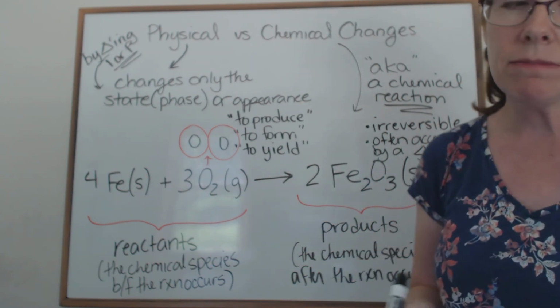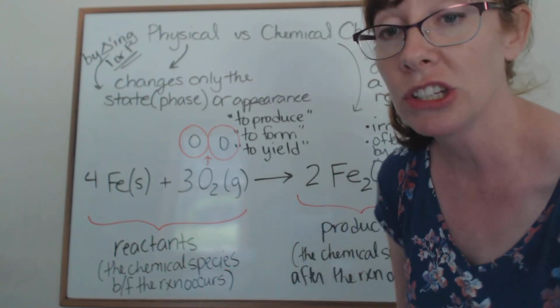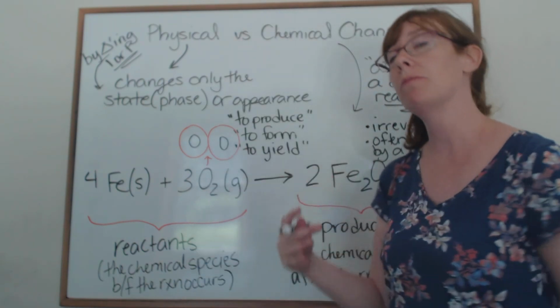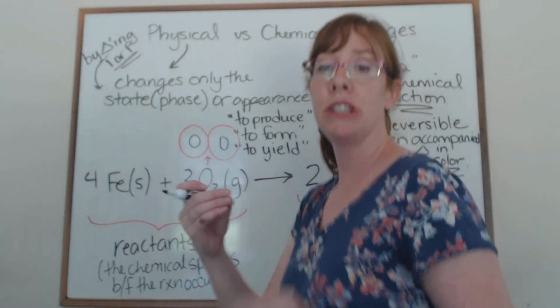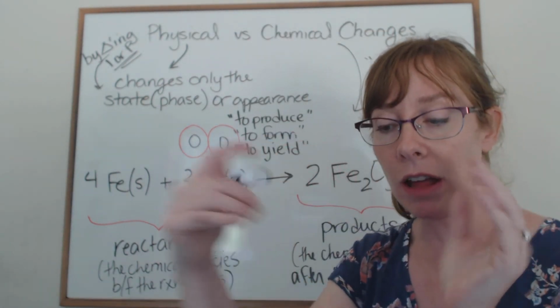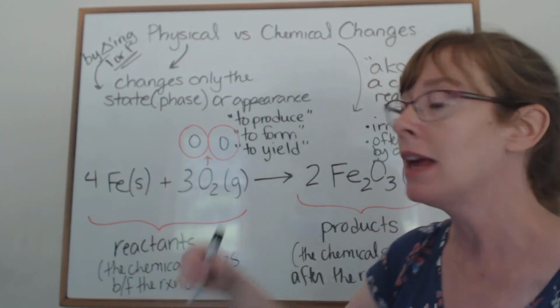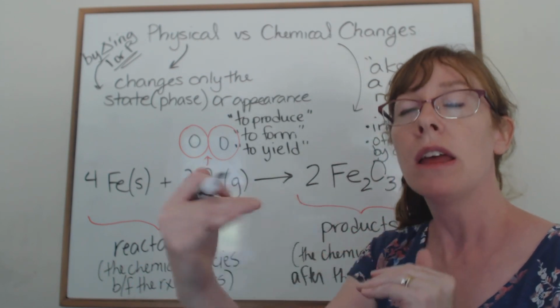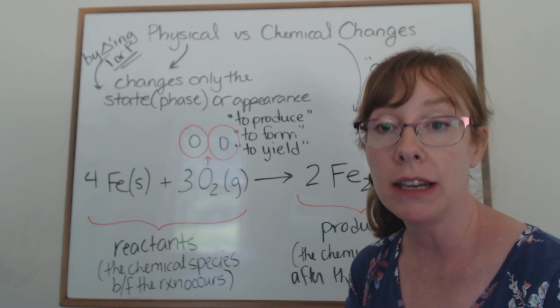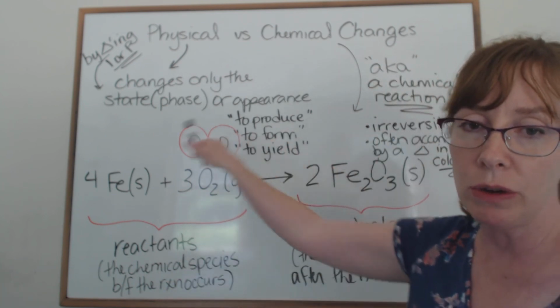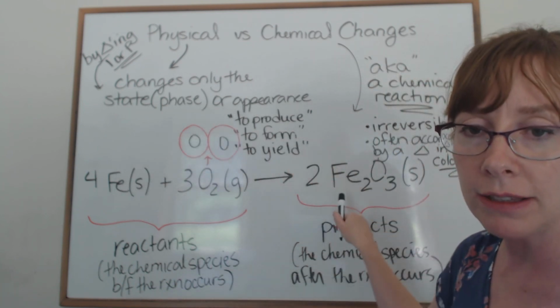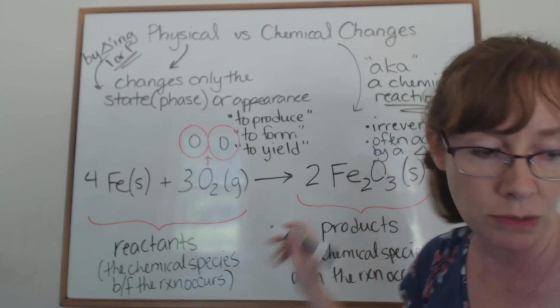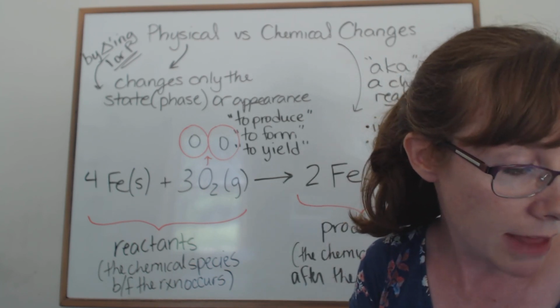Usually, or at least many times, chemical reactions result in a new color appearing, because the way that we perceive color is how light interacts with the atoms. And so if the atoms rearrange and have new arrangements, they will oftentimes reflect light in a different way. So that's what this is all about. As you know, iron is black, rust is orange, reddish, brownish. So this is a good example of that.